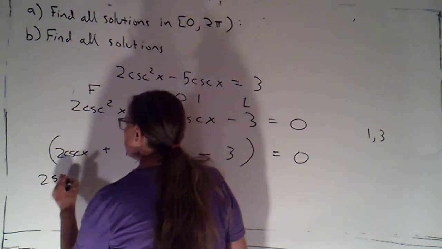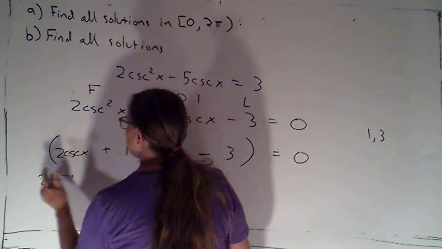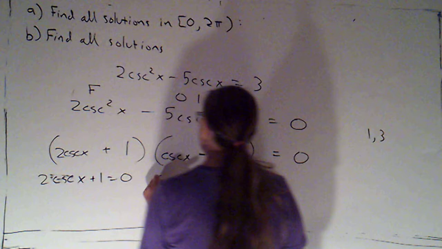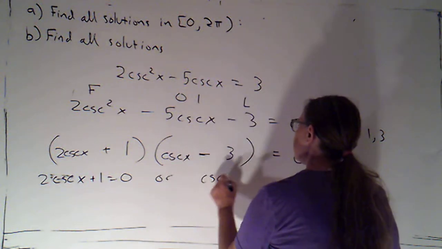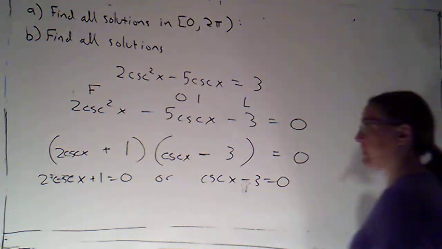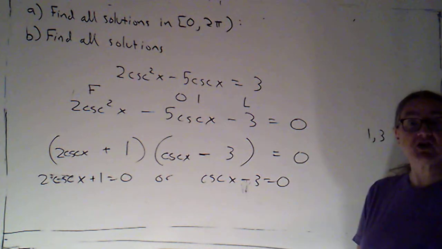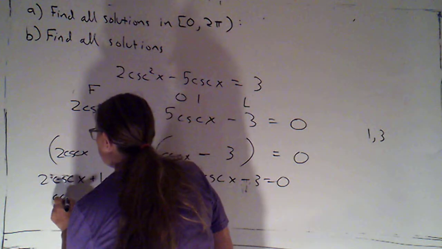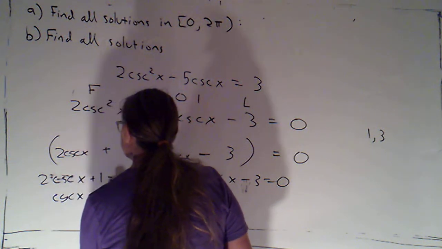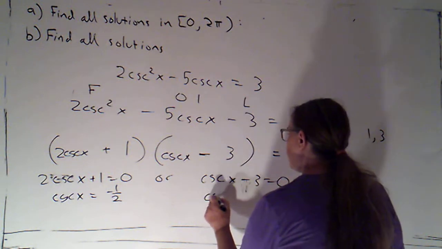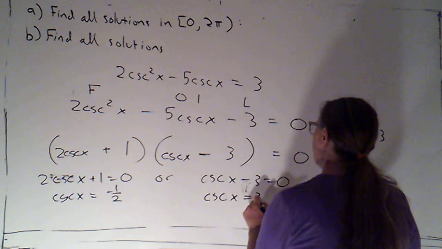So 2 cosecant of x plus 1 equals 0, or cosecant of x minus 3 equals 0. And for both of those, I want to just isolate the trig function. So here, this would become cosecant of x equals negative 1/2, and this would become cosecant of x equals 3.